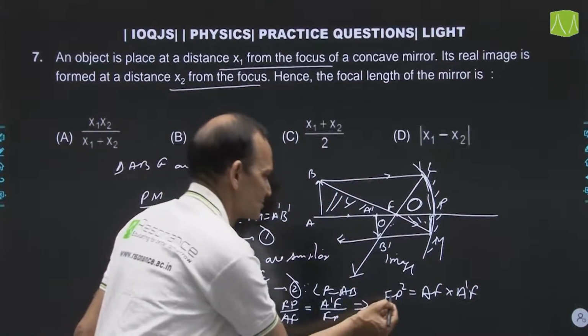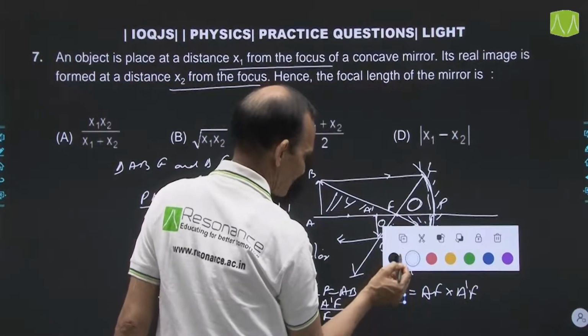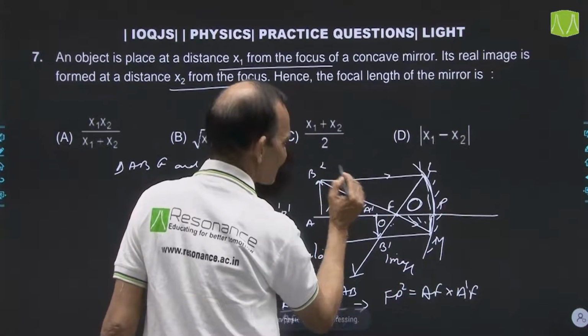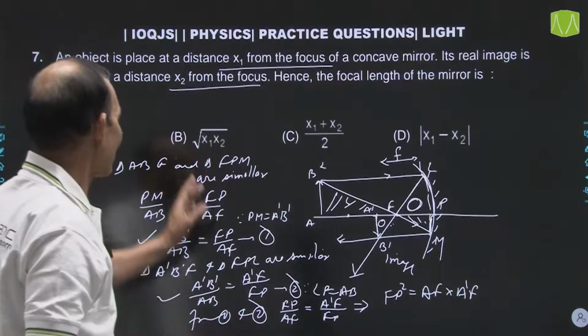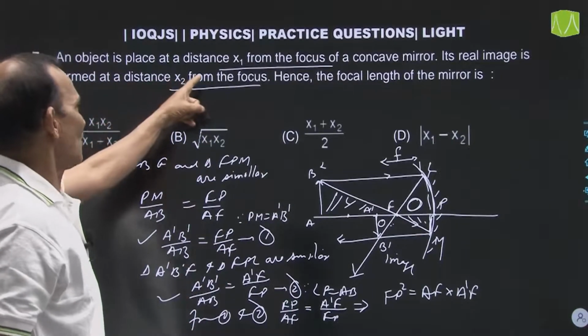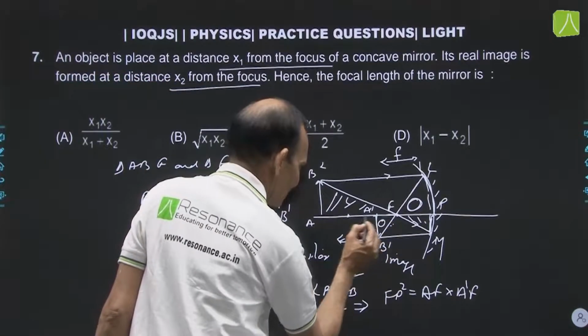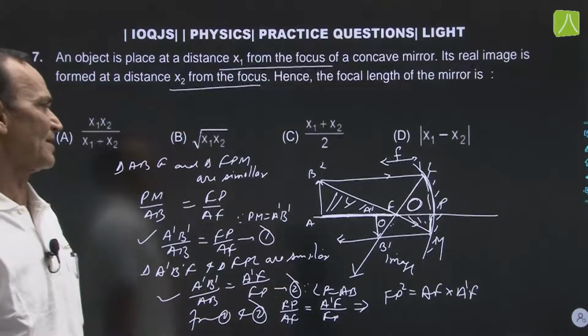Now think about this. What is FP? It is F, the focal length. Now according to the question, the distance of object from focus is x1. So AF is the distance of object from focus point, it is x1, and A'F is x2.